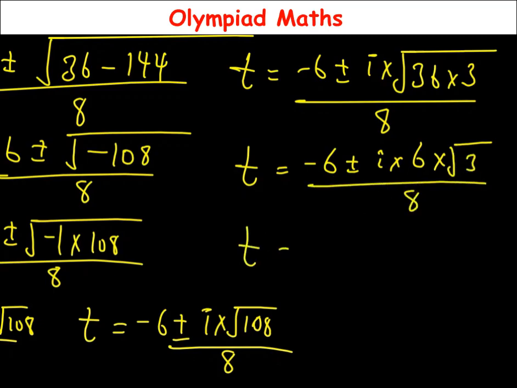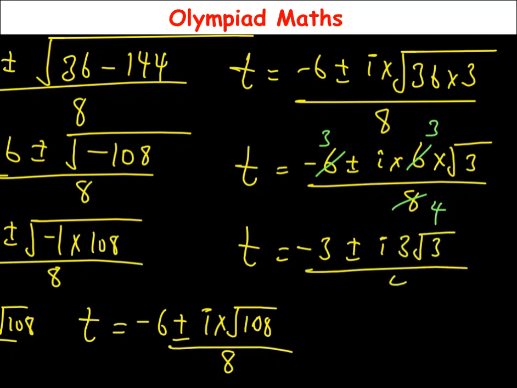Now 2 will divide 8, you have 4. 2 will divide 6, you have 3, such that t is then equal to minus 3, then plus or minus i, then times 3 root 3, all over 4.